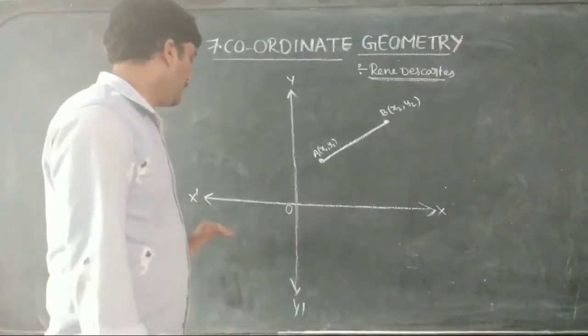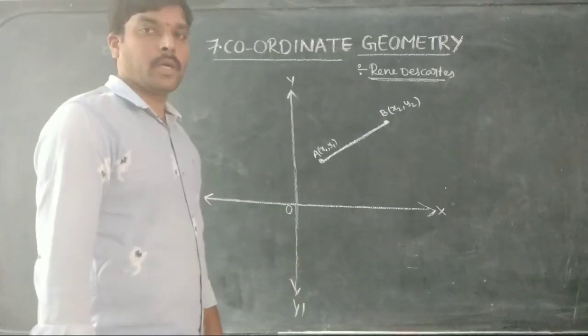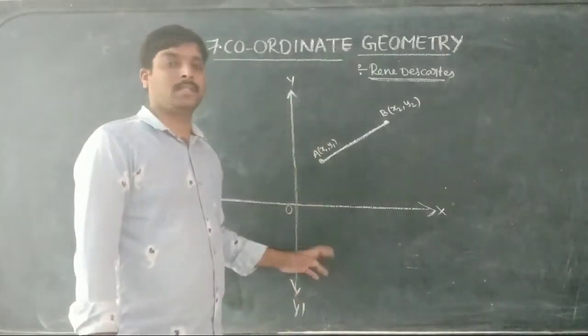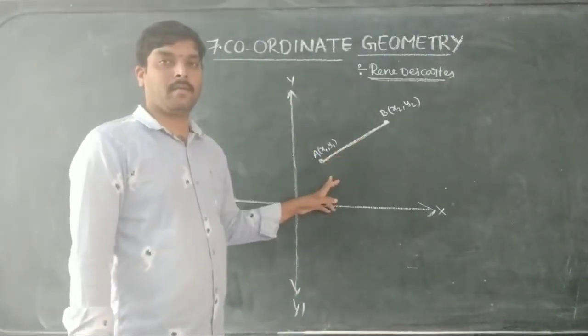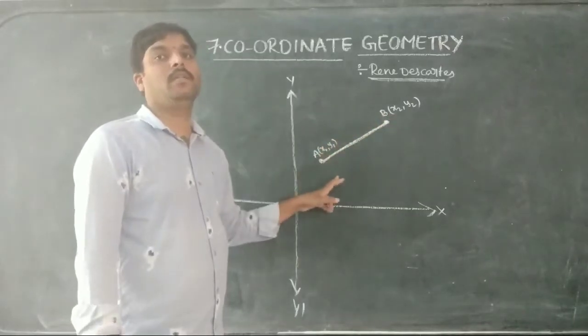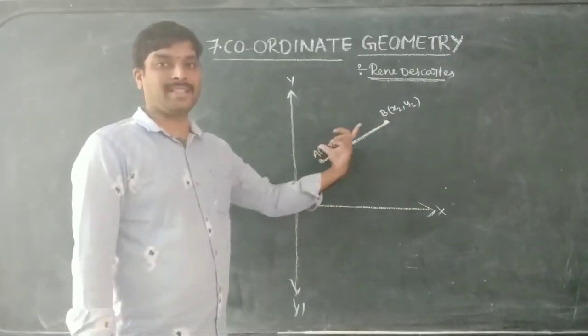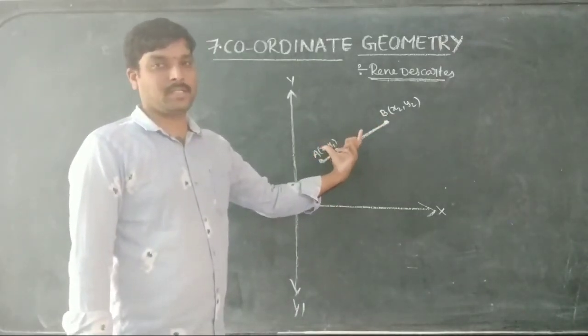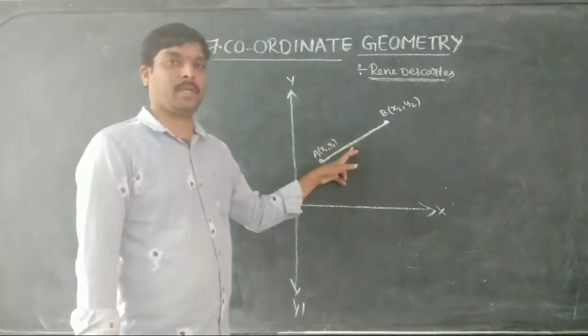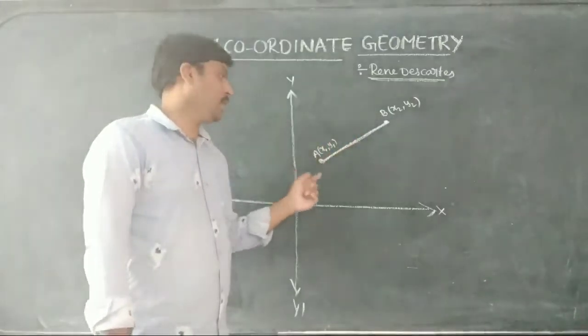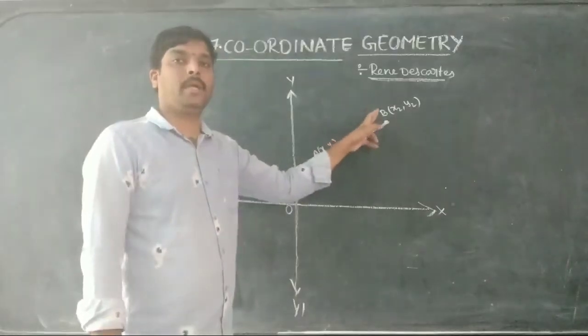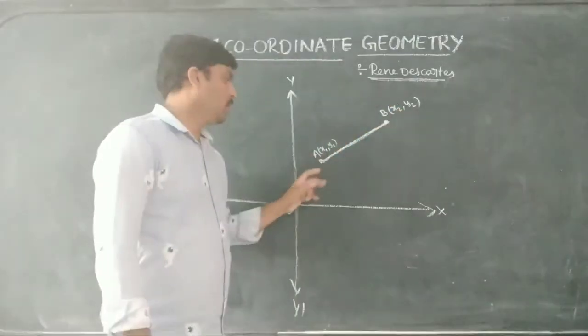See the figure, x-axis, y-axis, 2 points in a plane. What is the distance between these 2 points? Or find the distance of the line segment. How to find it? See here, A is x1, y1 and B is x2, y2.